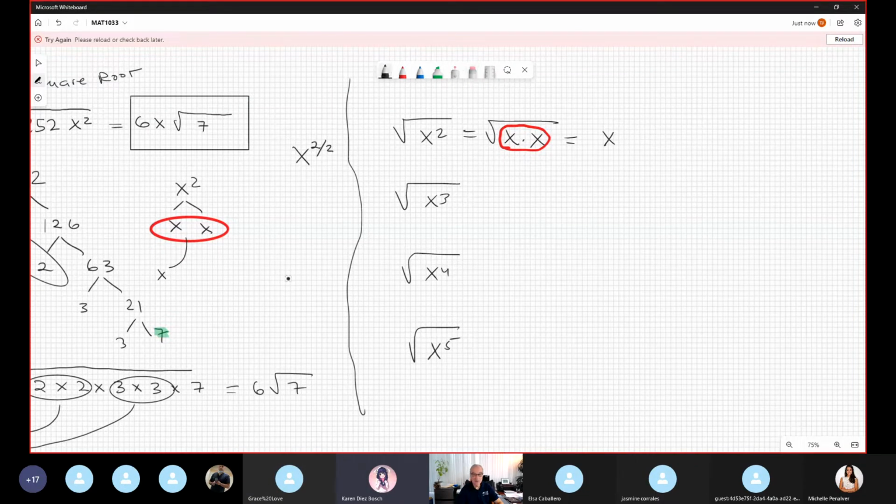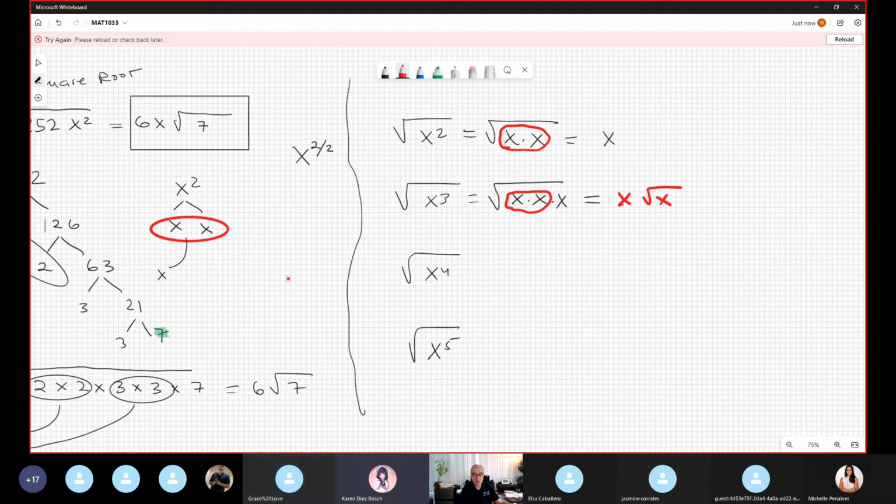Suppose this is x to the cubic power. It's x times x times x. My question is, you see a couple? Yes. How many x go outside the radical and how many x stay inside the radical? One x goes outside the radical and the other one stays. Exactly. It's the idea.